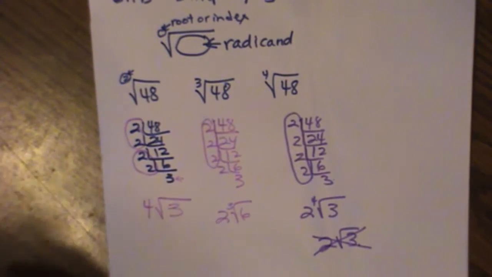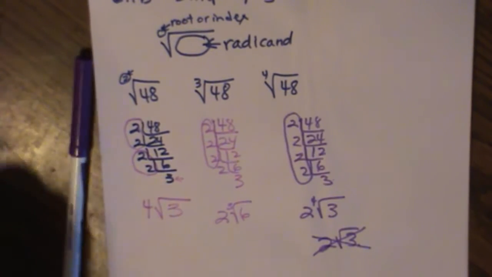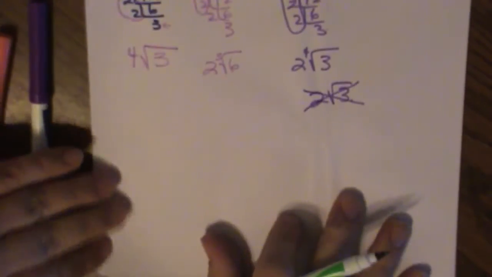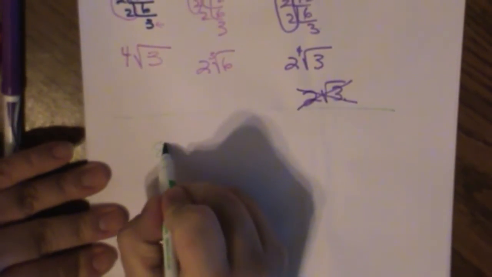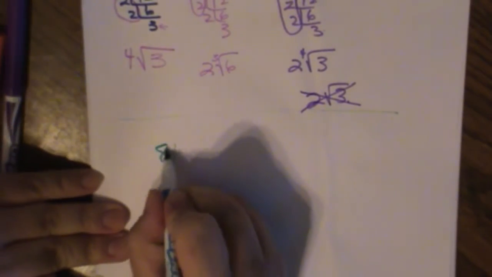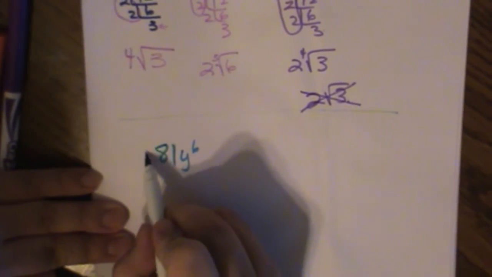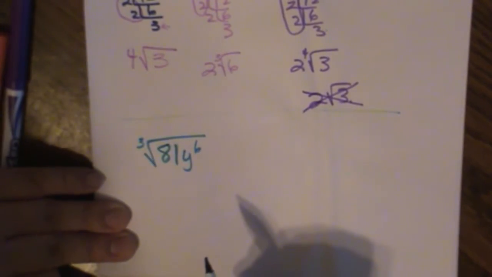Now let's try and work with some radicals that have variables in them. We have 81 y to the 6th, and the cube root of those.